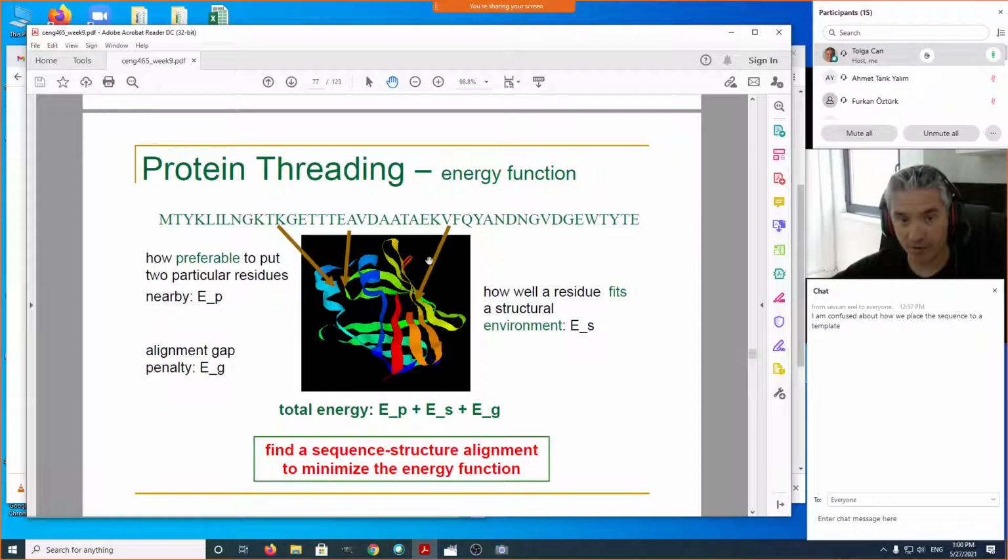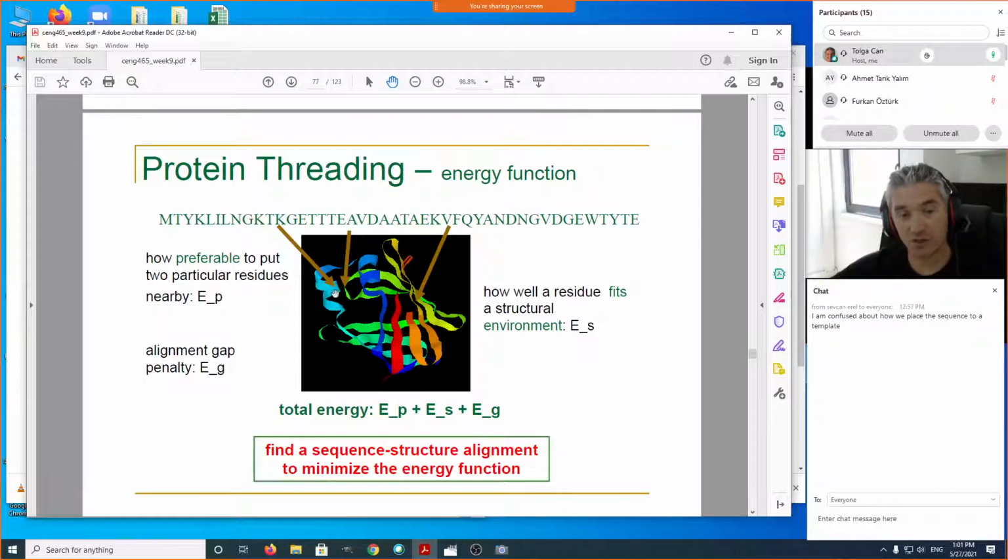So by considering all possible combinatoric ways of assigning these things, we find an alignment, a sequence versus structure alignment, which minimizes this total energy function. So the smaller the energy, the better, the more stable that assignment is.